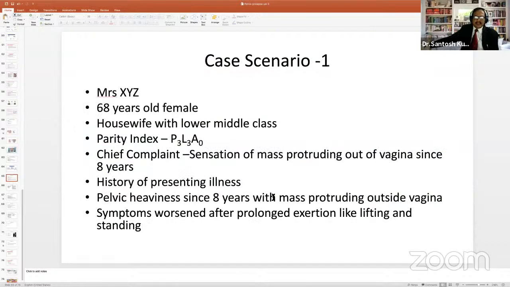Now coming to the case scenario. A 68-year-old female, housewife, completed family, complained of a sensation of mass protruding out of the vagina for the last 8 years.